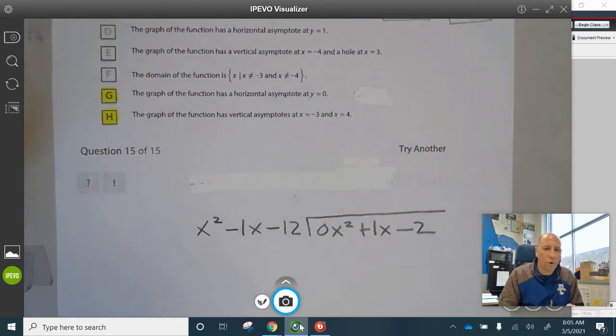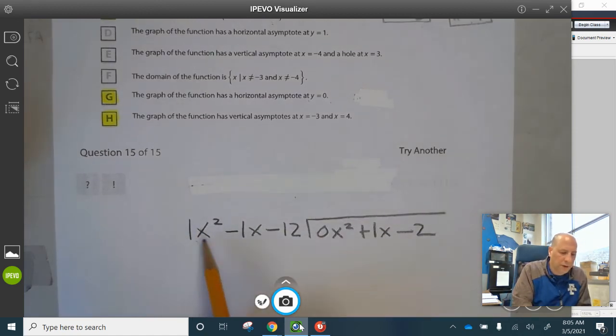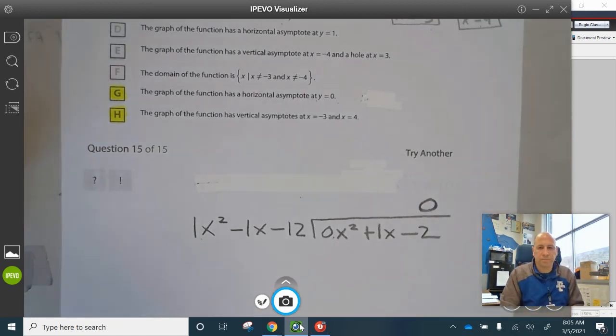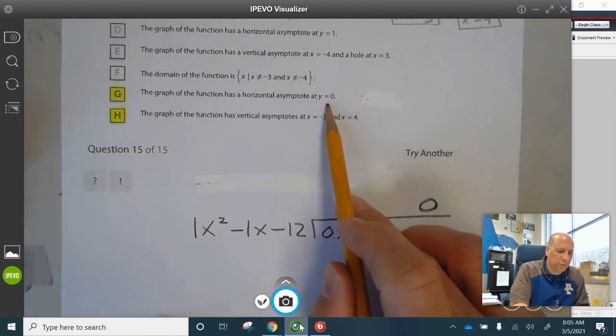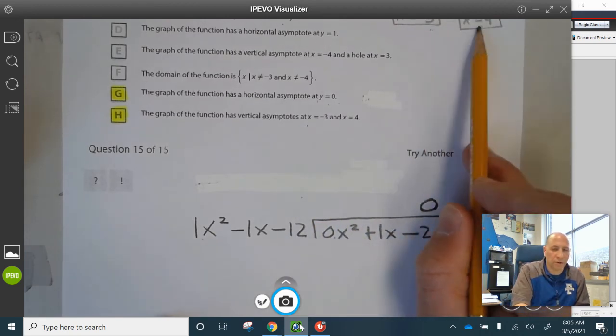I apologize for almost leaving the video with the mistake, but I'm going to correct it here. So now you ask yourself, what do you multiply 1x squared by to give you 0x squared? The answer to that is 0. And that's where you get the y equals 0. And then the asymptotes come from x equals -3, x equals 4.